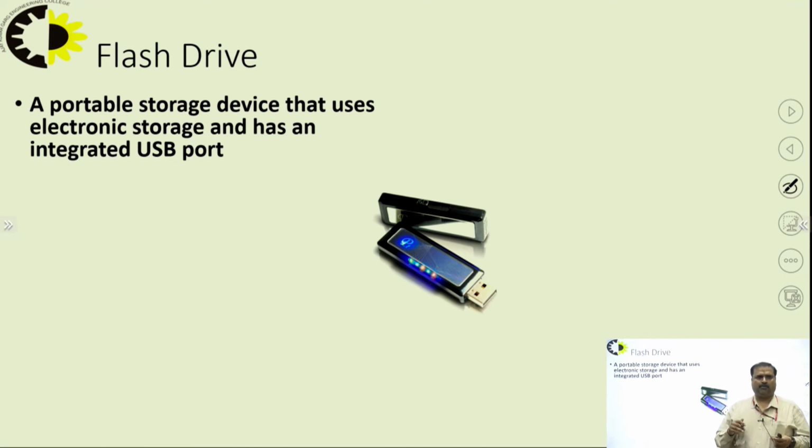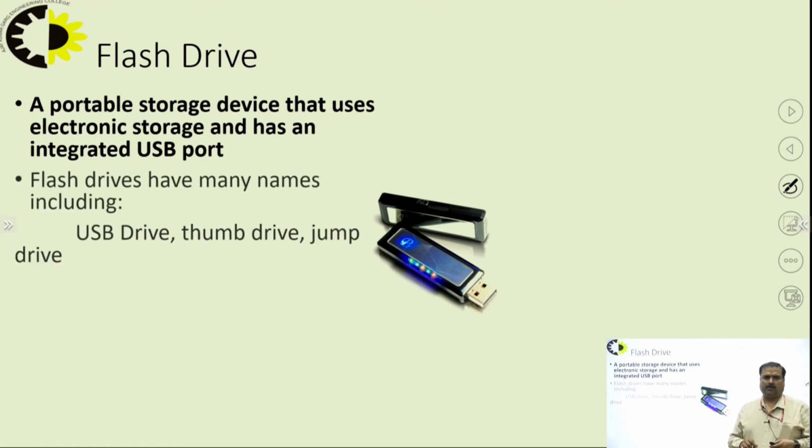So it is a portable storage device that uses electronic storage and has an integrated USB port on it, through which we can connect this to our laptop or computer system. Flash drives have many names, like we can say flash drive, USB drive, thumb drive, jump drive, pen drive. So these kinds of names are popular for this.